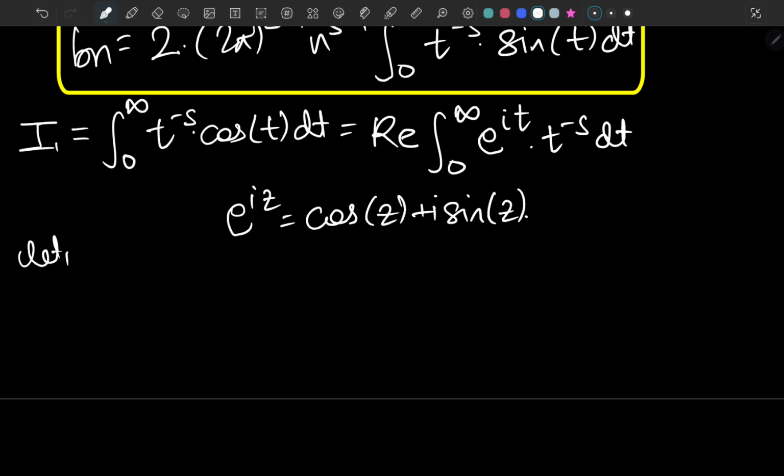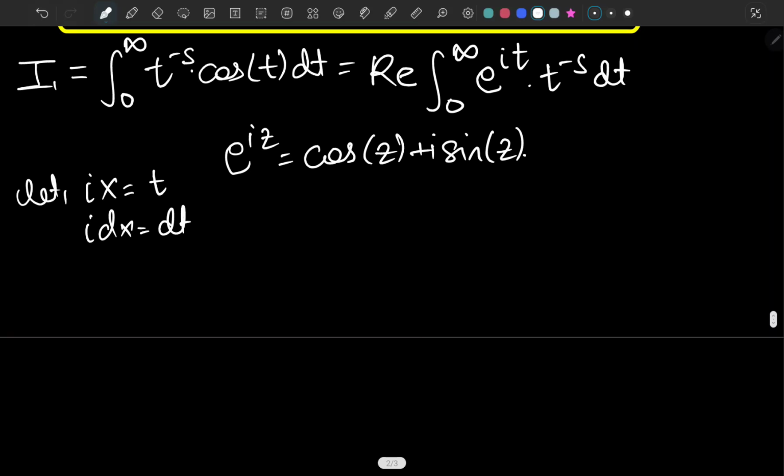Let it equal x, so I dt equals dx, right? Oh no, I'm sorry, I messed up something here. Actually I x equals t, and I dx is going to be dt, and the bounds will be the same, right?